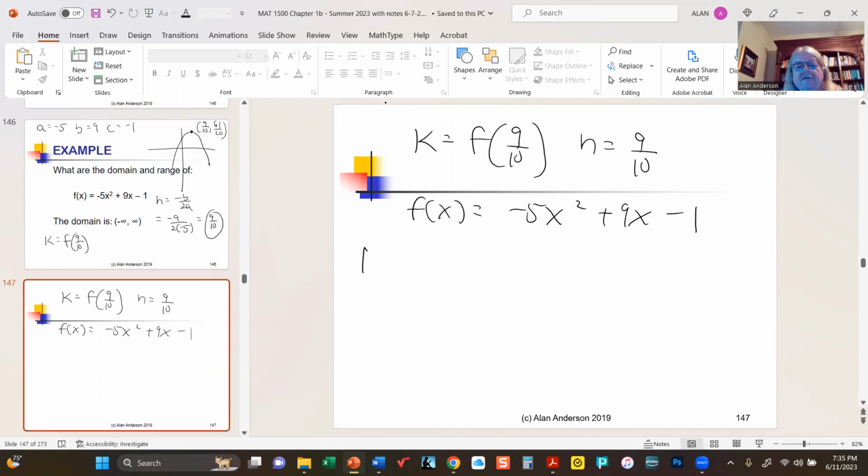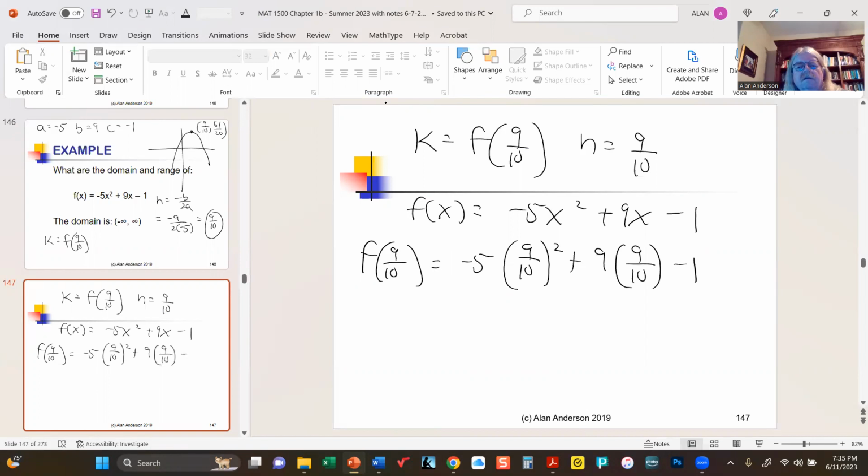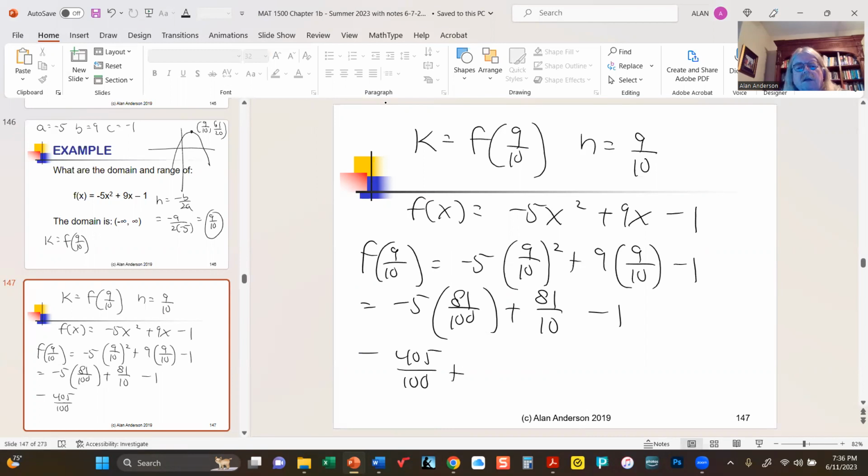All right, here we go. So we're solving for f of 9/10. So we have 81 over 100. So this 81 over 10, I'm going to turn that into 810 over 100. So this is 305.